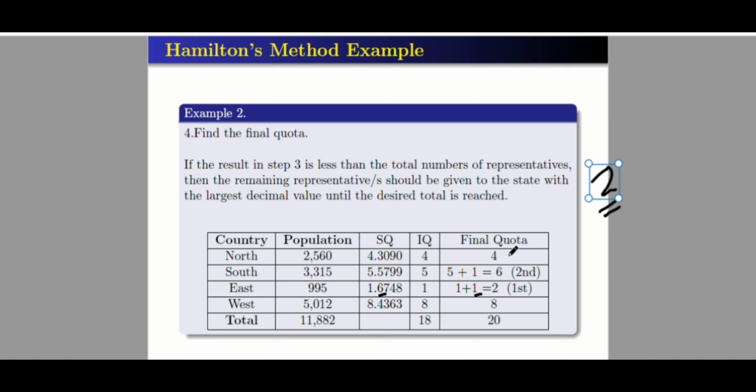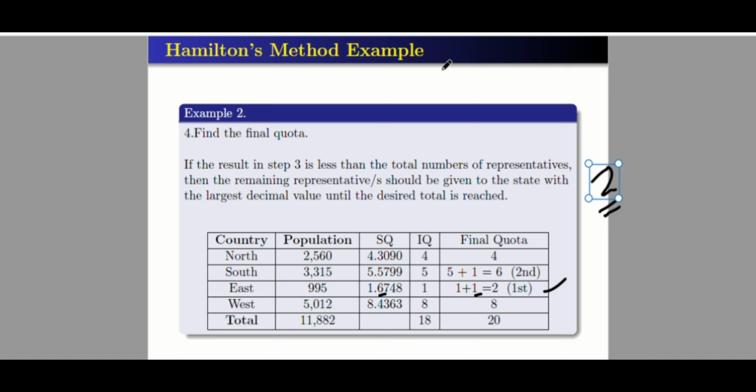So this is one of the 2 remaining seats. Our initial is 1, so plus 1, we have now 2. This is the first distribution out of the 2. We must not distribute all the remaining 2 to east alone. We must distribute them one at a time, according to 3, 4, and 5.